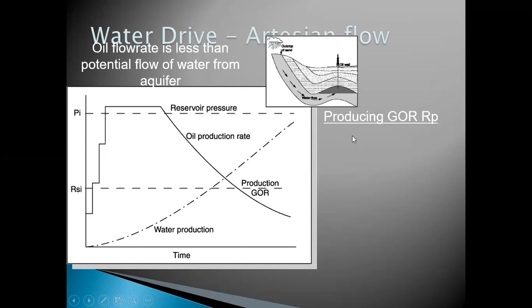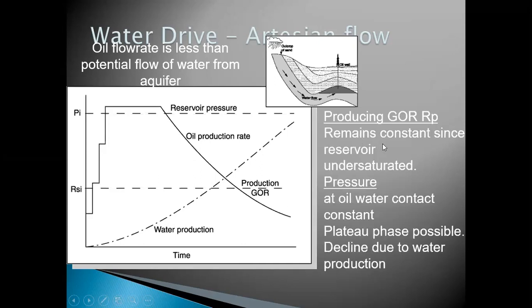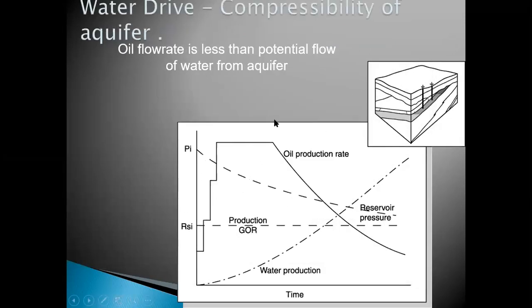So production declines due to the water production. This is the problem here in Kurdistan. Mostly we have water drive reservoirs and water production has risen. This is the issue.